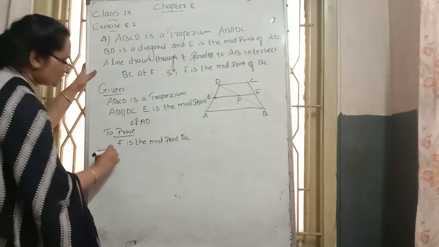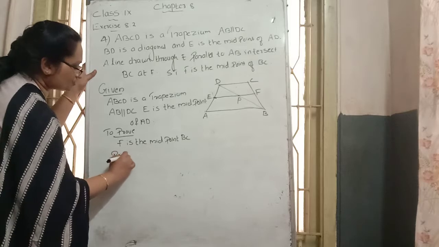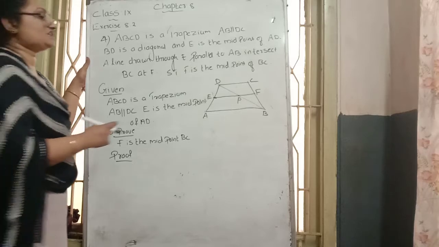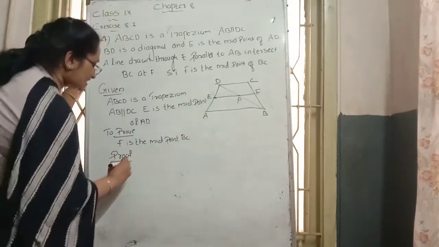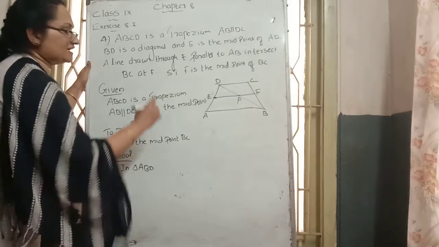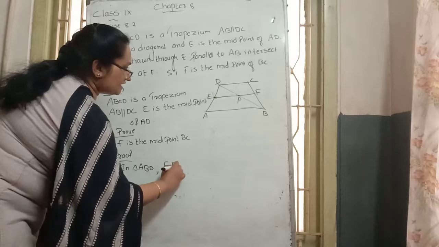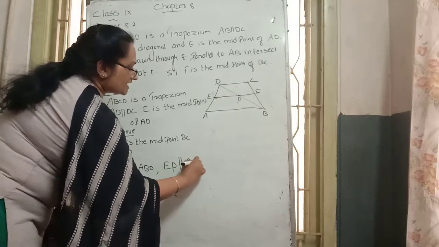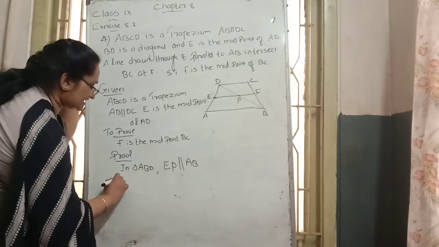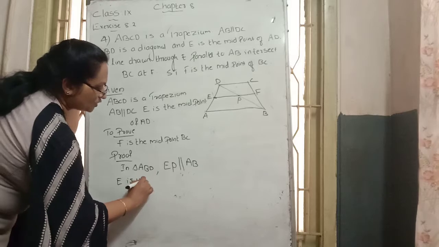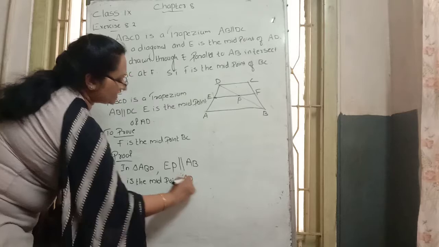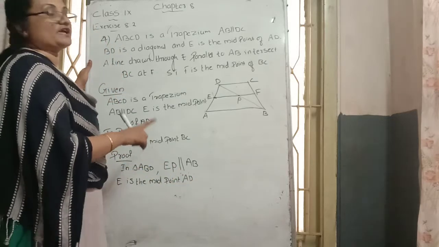The next step is the proof. First we apply the midpoint theorem. Consider triangle ABD. The midpoint theorem says that the EP line is parallel to the AB side. Why? E is the midpoint of the AD side, and EP is parallel to AB.